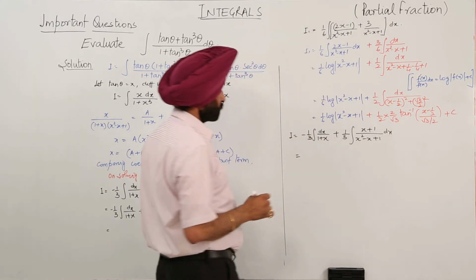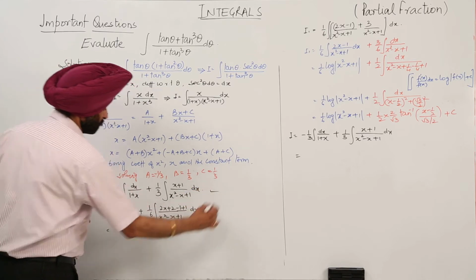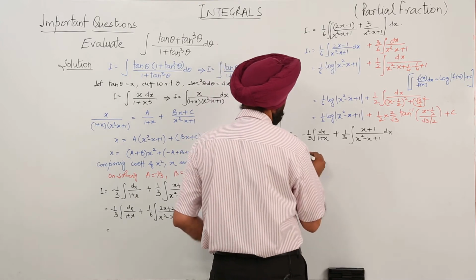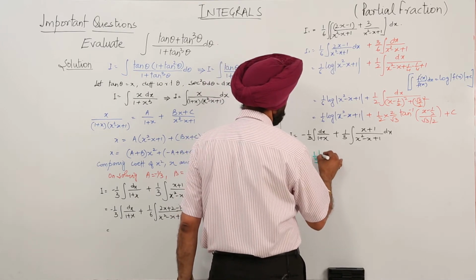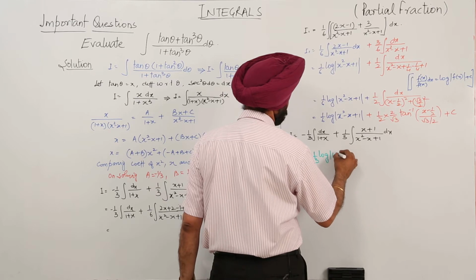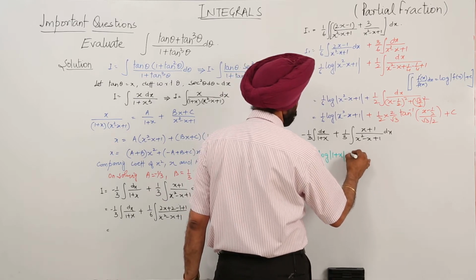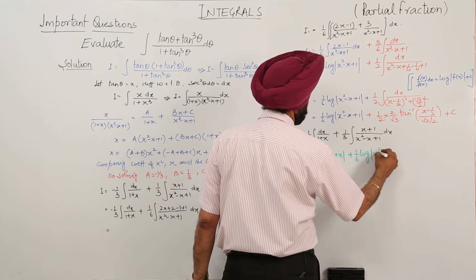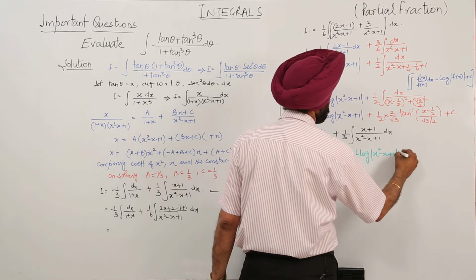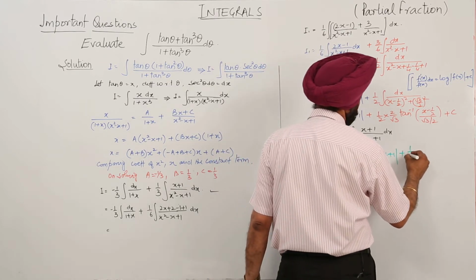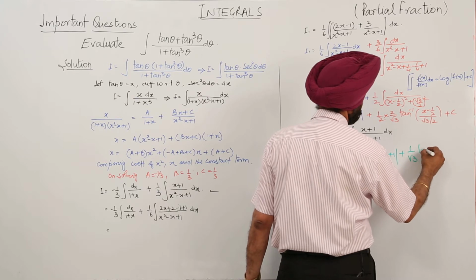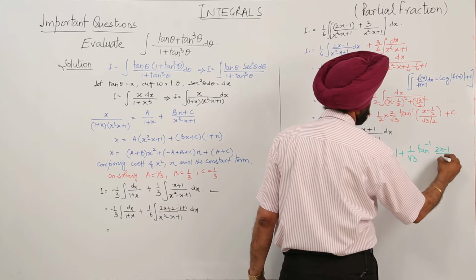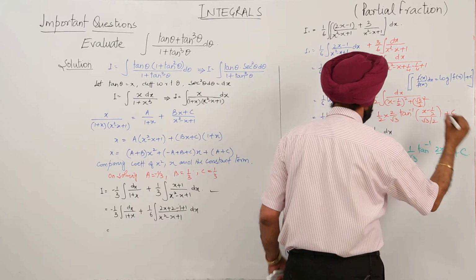Now this becomes minus 1 upon 3 log mod of 1 plus x plus 1 by 6 log mod of x square minus x plus 1 plus 1 upon root 3 tan inverse (2x minus 1) upon root 3 plus c.